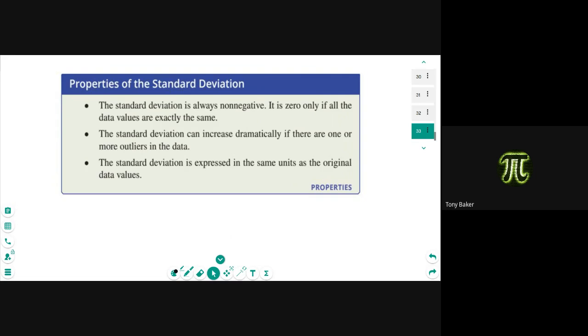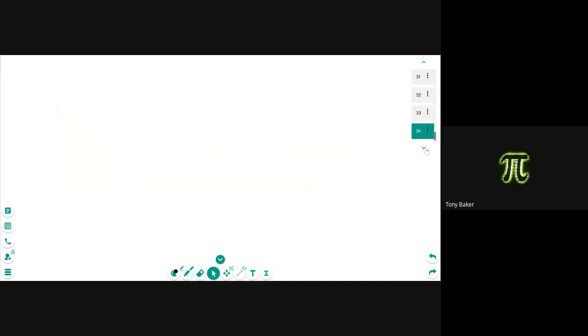Now, how do we use standard deviation? How would you say it using the same units?